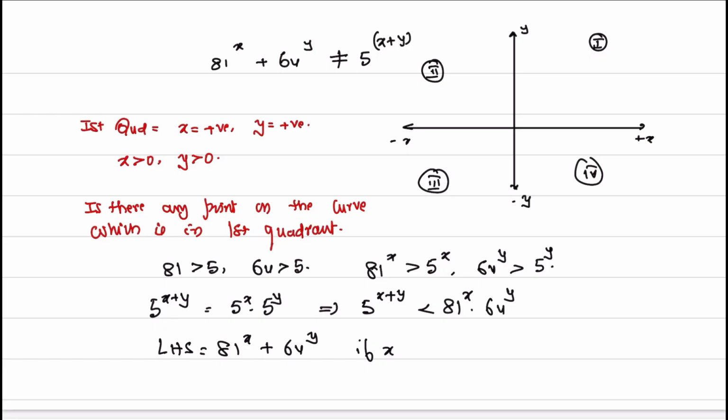If x is greater than 0, y is greater than 0, let us say some 1000, let us say some 10,000, any value greater than 0. 81 to the power of 100, let us say, plus 64 to the power of 100.